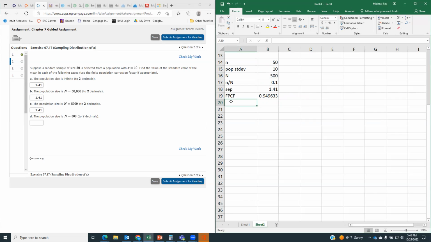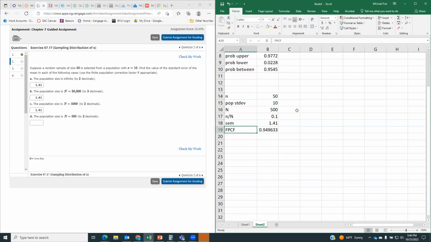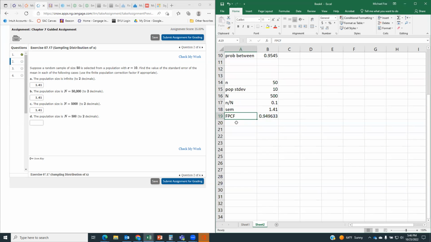And so then if we multiply our standard error of the mean, I called it the standard error of the proportion, but it should be the standard error of the mean. So if I multiply my standard error of the mean times the correction factor, that gives me the corrected standard error of the mean.